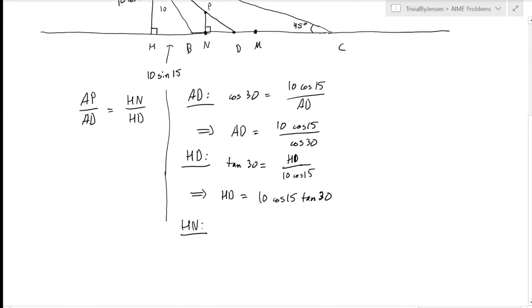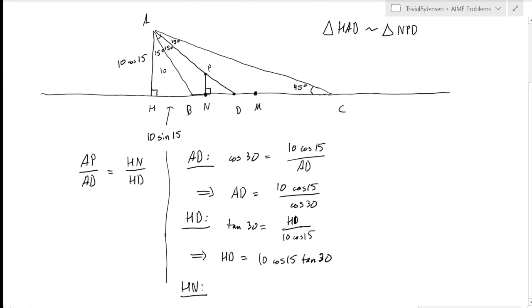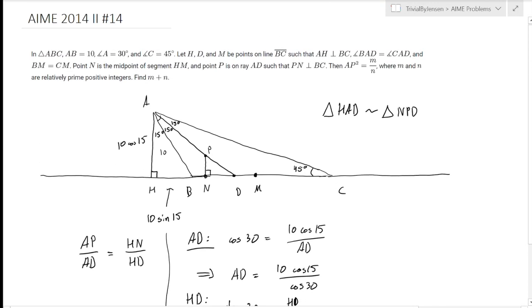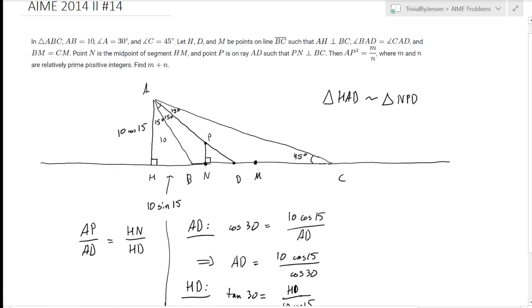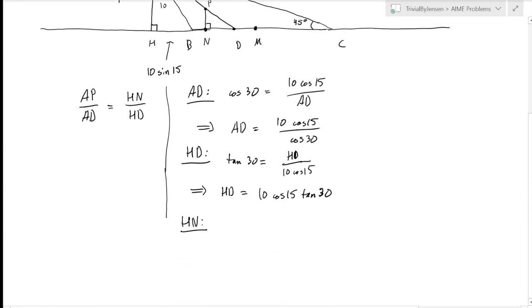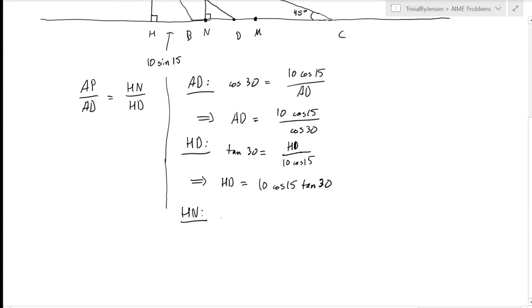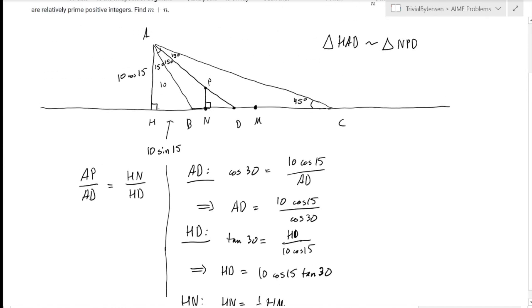That's a little more tricky because it's involving N. It's not immediately obvious how we're going to find it, but we haven't used some definitions yet. N is the midpoint of HM, so we haven't even used that information. So what we can do is write HN is half the length of HM. Can we find HM?